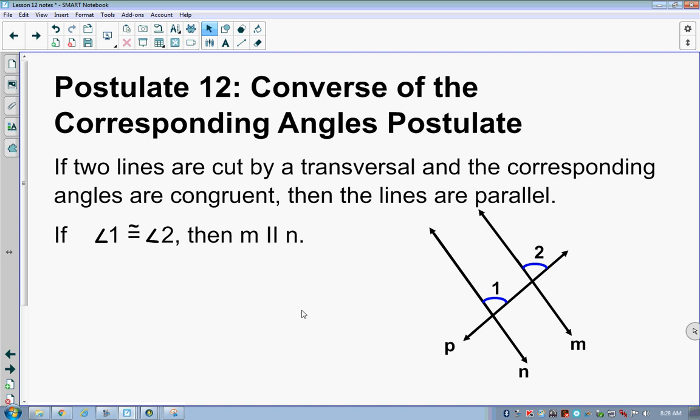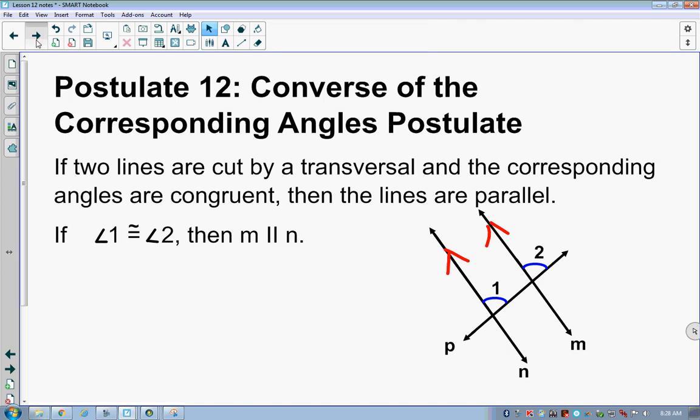Because angle 1 is congruent to angle 2, then I know that these two lines right here are parallel to each other. Postulate 11 says if these two lines are parallel, then angle 1 is congruent to angle 2. Works both ways.